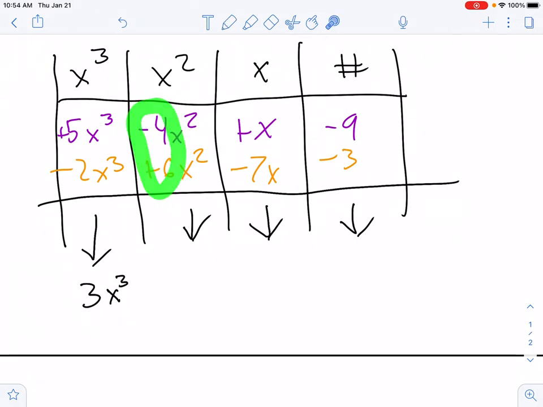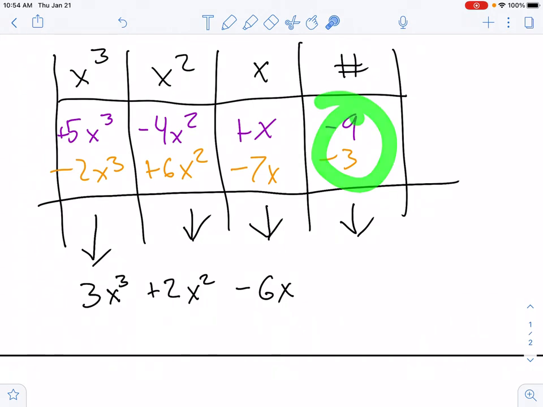Negative 4 plus 6. Signs are different, so I'll subtract and get positive 2x to the seconds. For my x, I have 1x and negative 7x, which will give me negative 6x. And for my constant terms, a negative 9 and a negative 3 add to make negative 12.